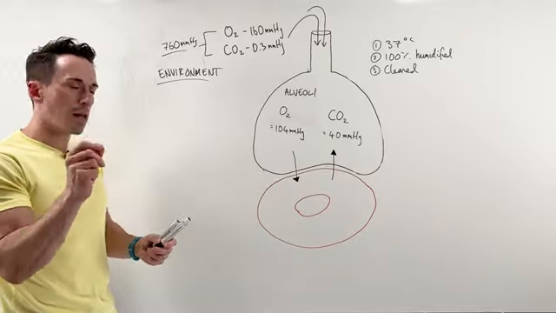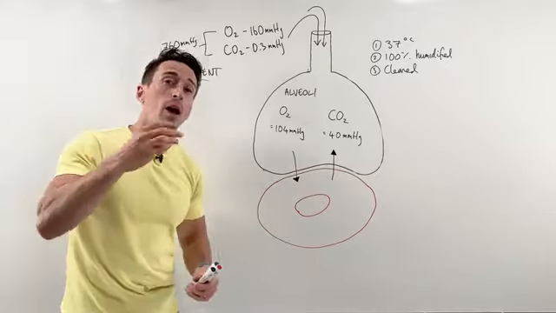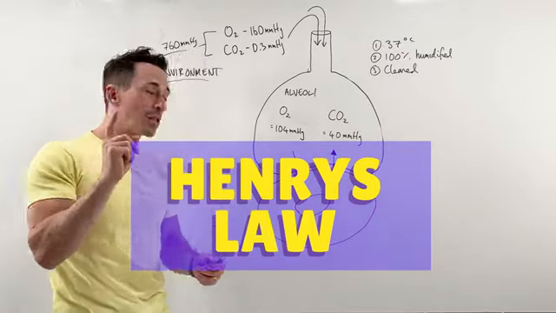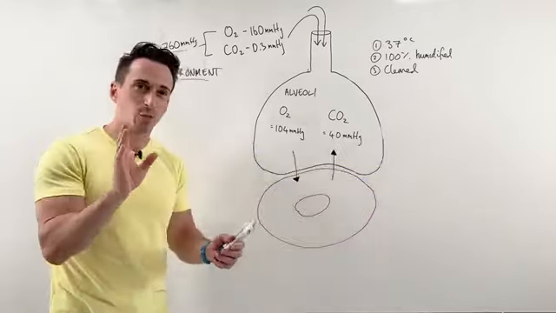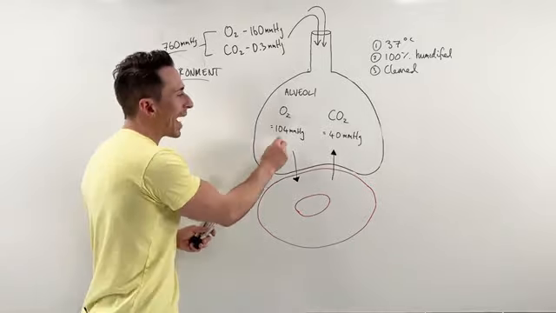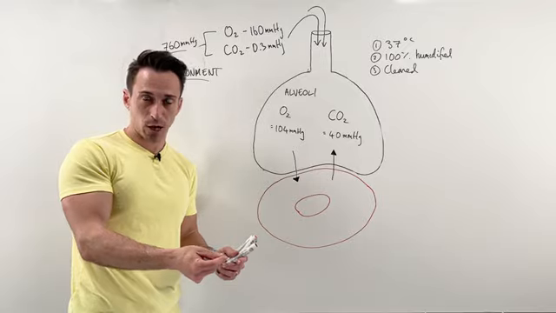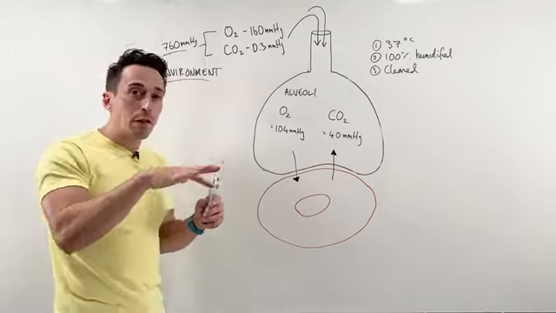All right, here's another point. This is now where we apply the third law called Henry's law. Henry's law basically is referring to the fact that each gas will move down its own pressure gradient through a fluid.